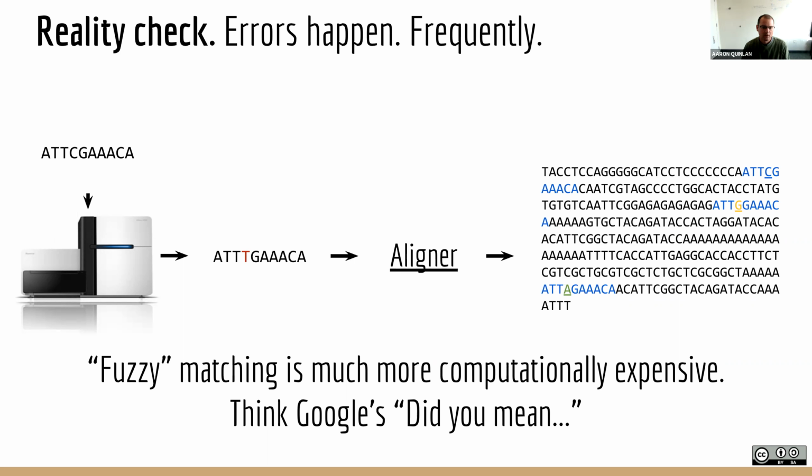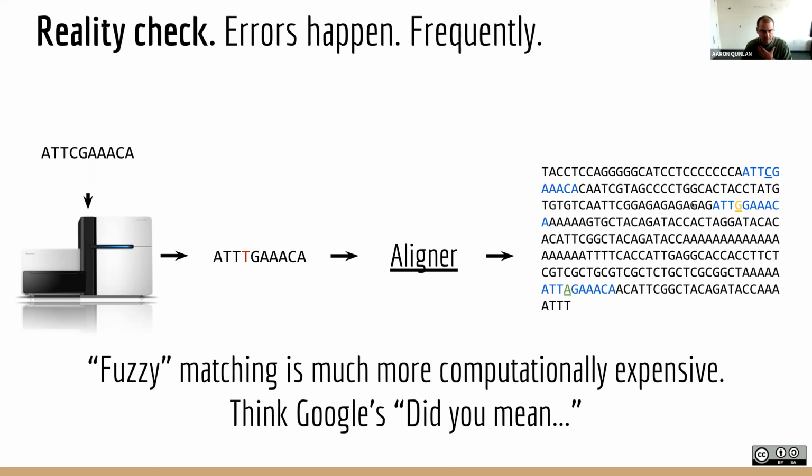Okay, so one thing I want to emphasize here is that not only does the aligner have to do more work when there are errors, that's a difference or a mismatch, but also if there's genetic variation. Let's say this actually isn't a sequencing error, let's say it was a T up here as well, and in my DNA, I inherited this T allele from my mom.